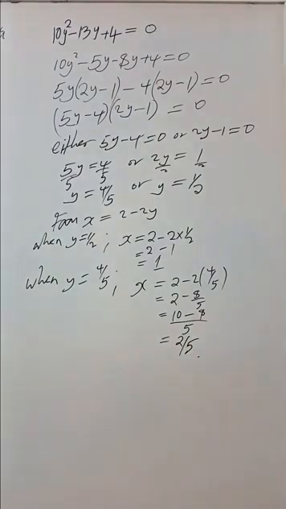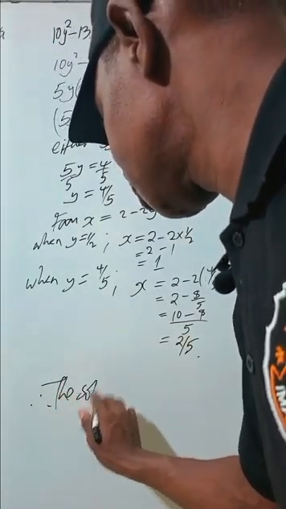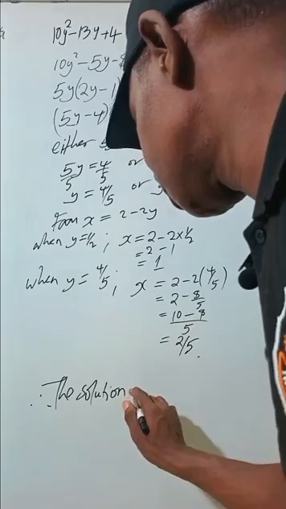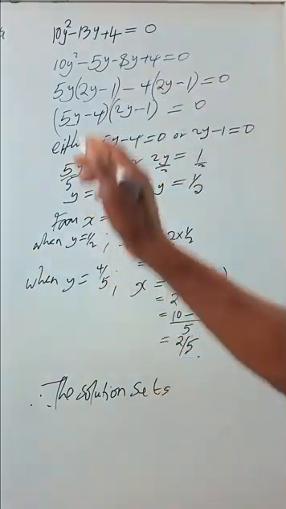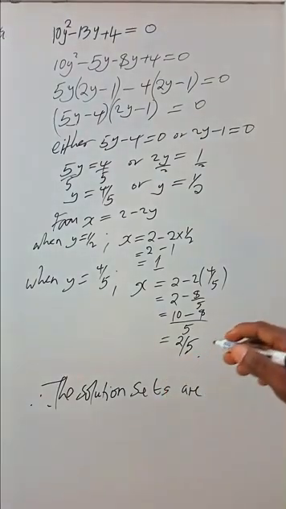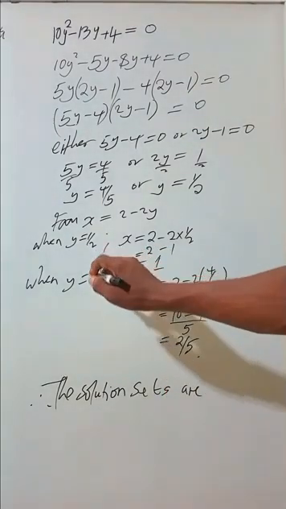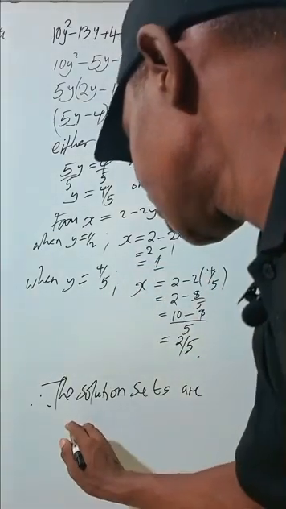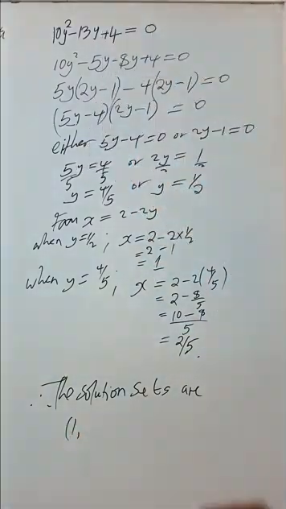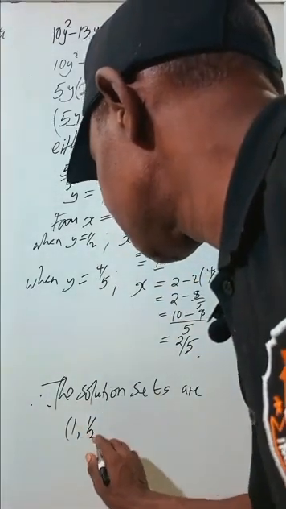So the given pair of simultaneous equations has got two solutions. The solution sets for the pair of simultaneous equations are, the first one, when x equals 1, then the value of y is a half.